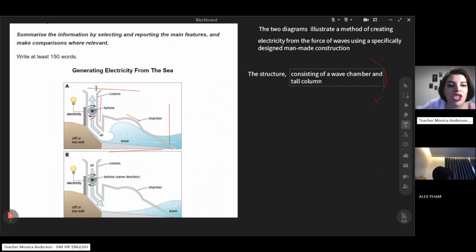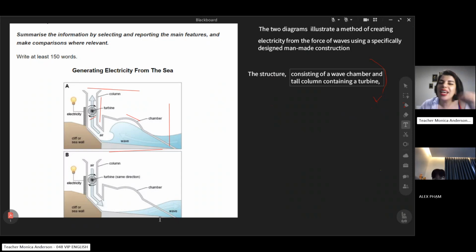But this tall column contains a turbine. So you can say a tall column containing a turbine. I don't know the meaning of turbine, for example, but no worries. Okay, now I wrote it.